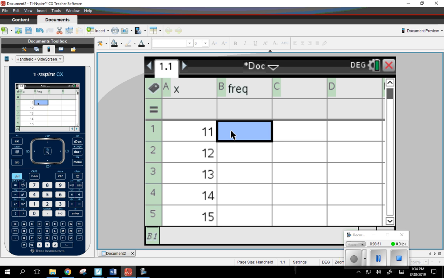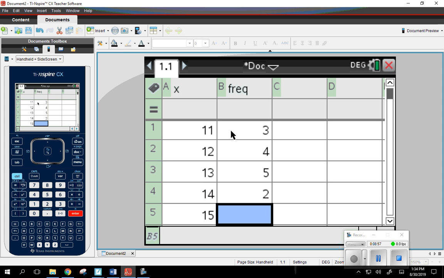And then right next to it, we have 3, 4, 5, 2, 15 shows up 8 times, 9 times, 5, 8, and 6. Okay. So the first step is to get the data in the calculator. All right. Any questions? Anybody need help with that?